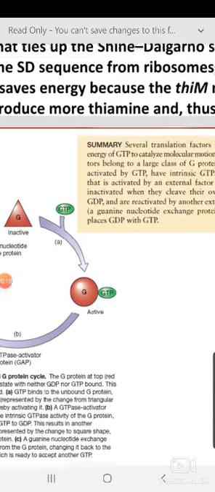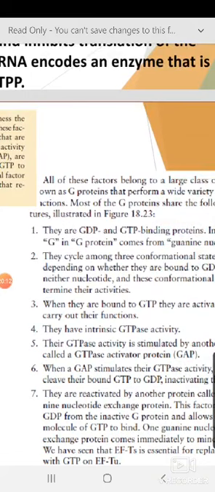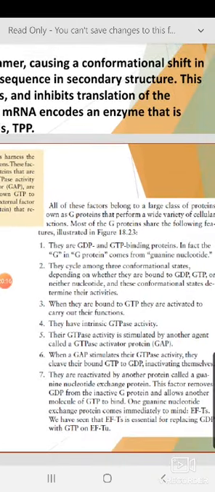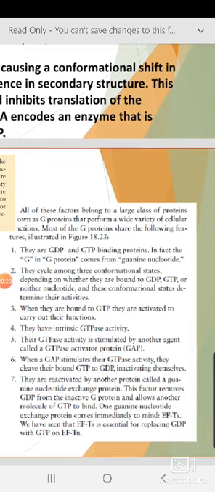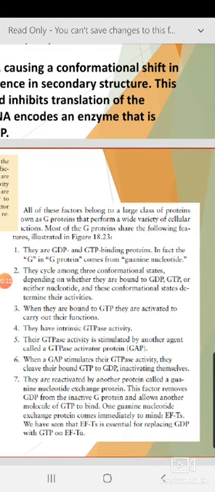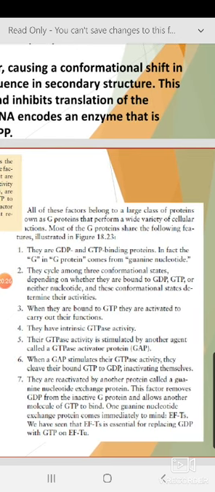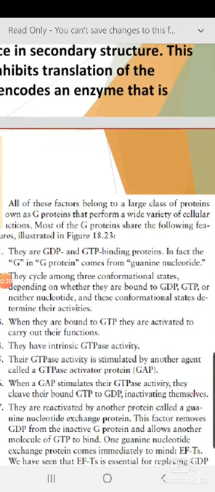Now here are some points for you if the question comes, how these G proteins play a critical role in translation. All of these factors belong to a large class of proteins known as G proteins that perform a variety of cellular functions. I'm mentioning the factors: IF2 with GTP also has GTPase activity.